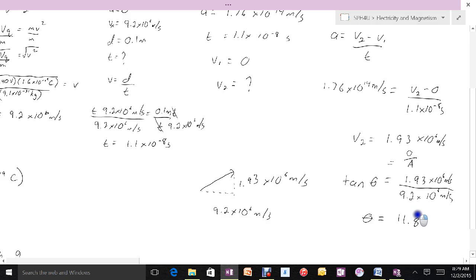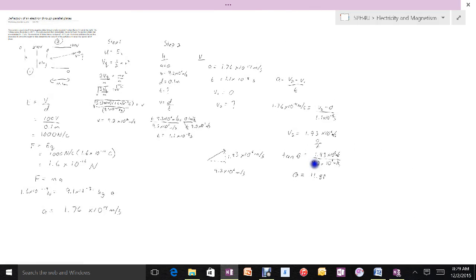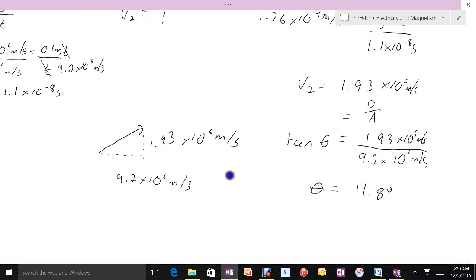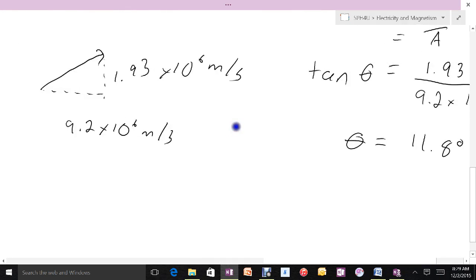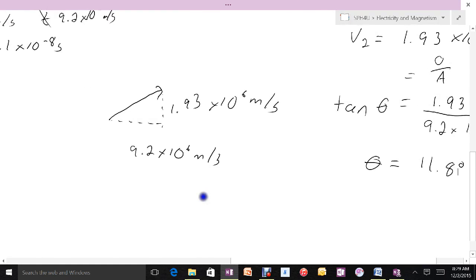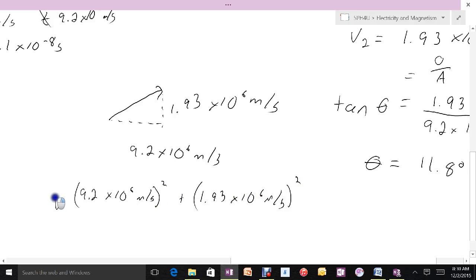And to get the magnitude of that velocity, you can use the Pythagorean result. 9.2 times 10 to the 6 meters per second squared plus 1.93 times 10 to the 6 meters per second squared, all square rooted.